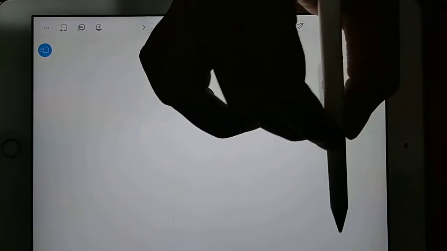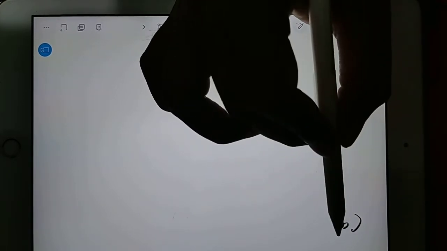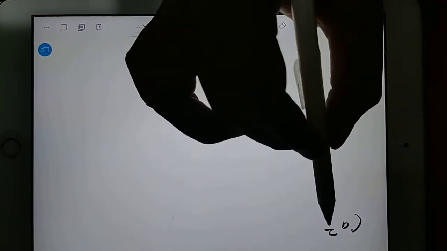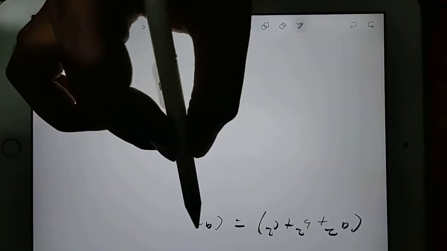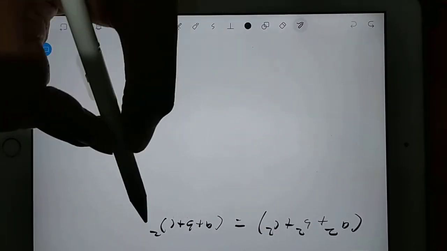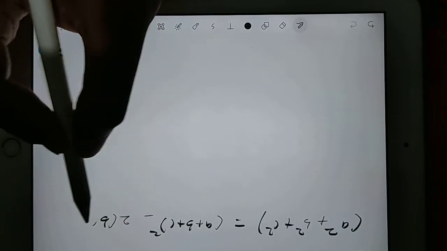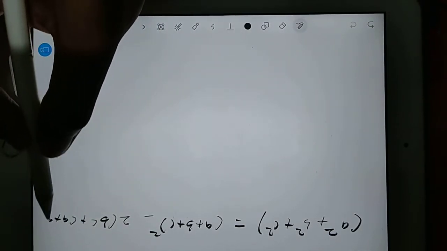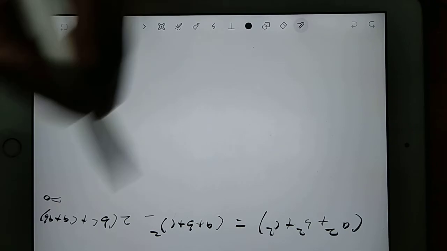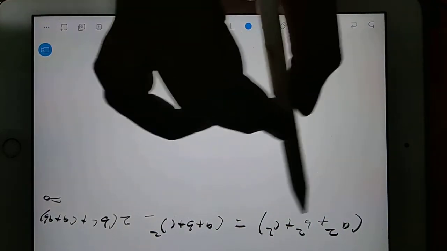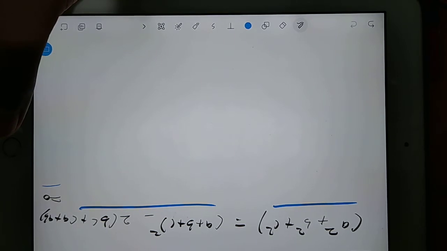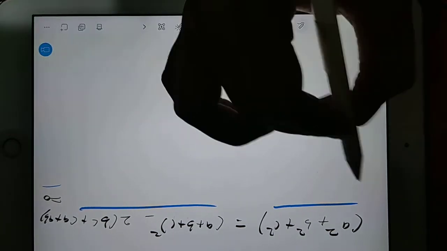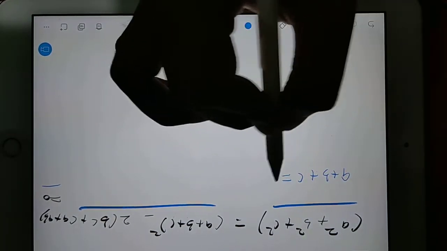See, I want to apply a square. Already you know this term. a square plus b square plus c square will give you (a plus b plus c) whole square minus 2(bc plus ca plus ab) is equal to 0. Now the question is, how can I write this is equal to 0? Because just now I have proved a plus b plus c will also be equal to 0.